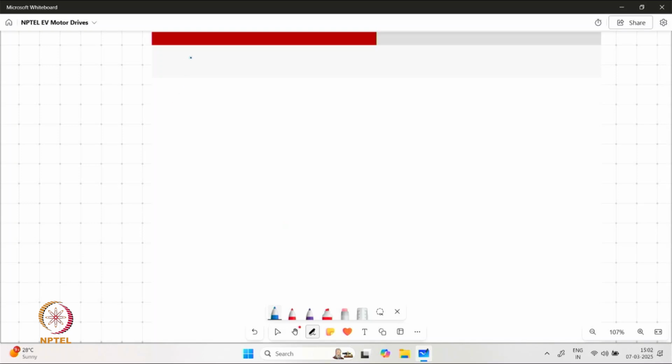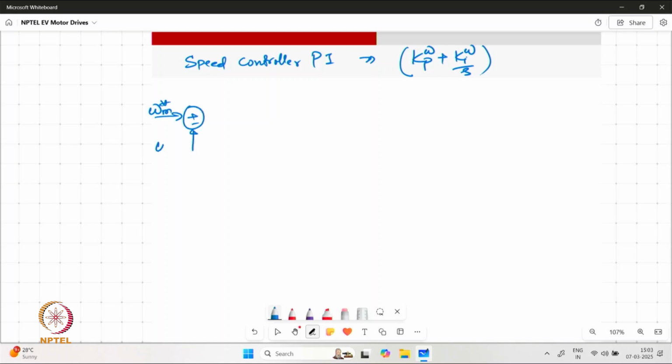And for clarity, the speed controller PI will be represented by Kp omega plus Ki omega by S. So we have the reference for the speed, feedback for the speed, and filtered feedback for speed.